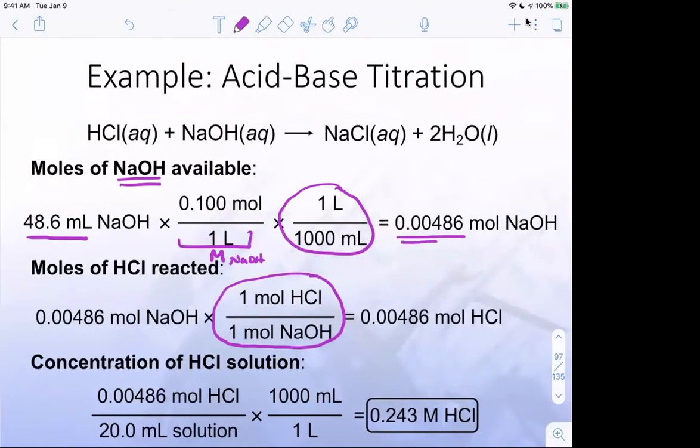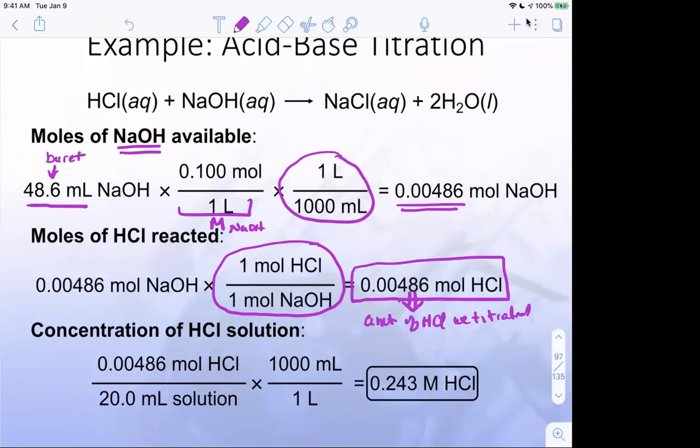So if this many moles react, remember, this is from the burette reading. It used this 48.6 milliliters to actually react with all of the acid that was available. So I also just calculated the moles of HCl that were in that solution. So this many moles of HCl are in the amount of HCl we titrated.